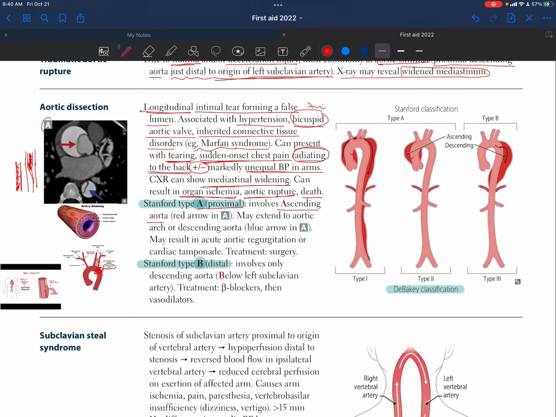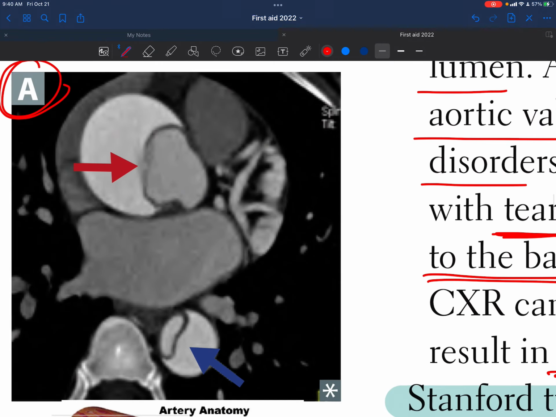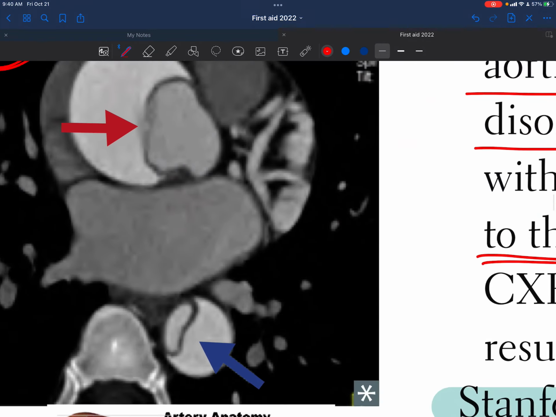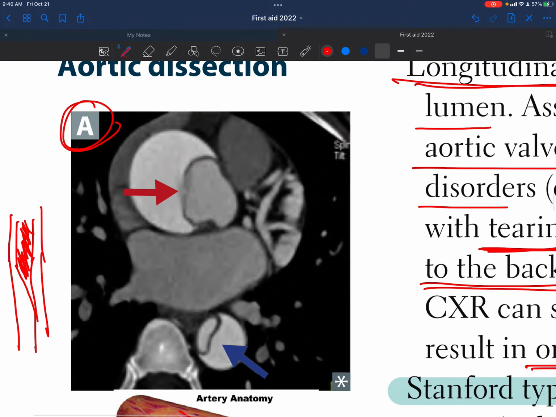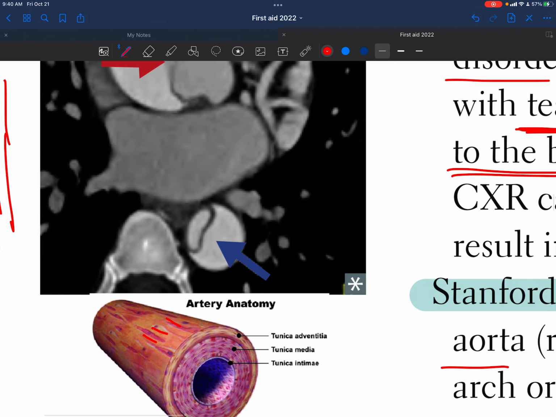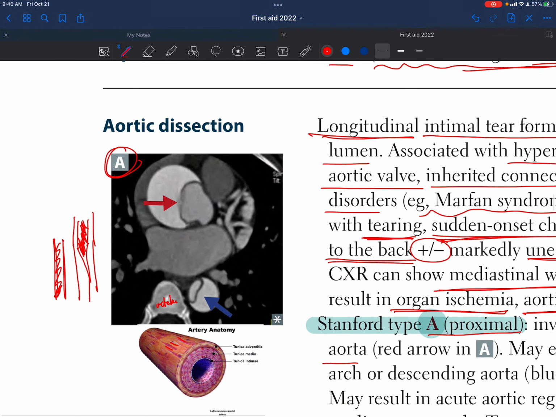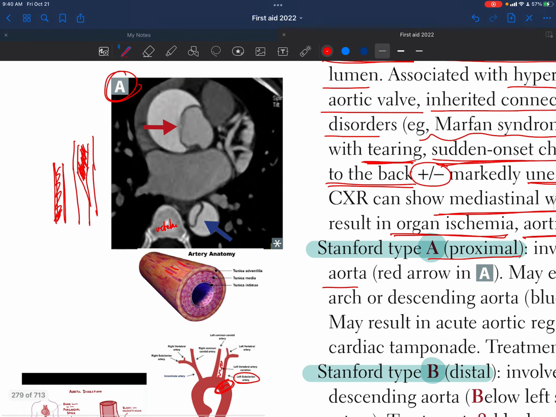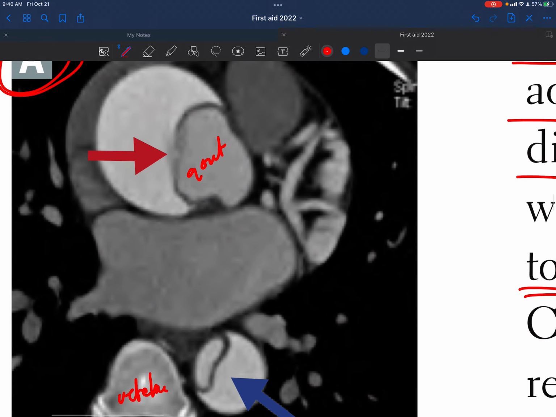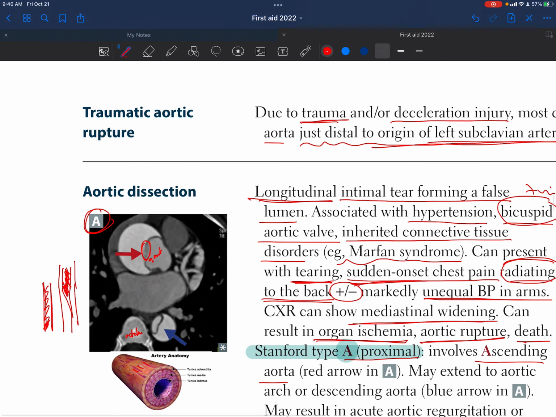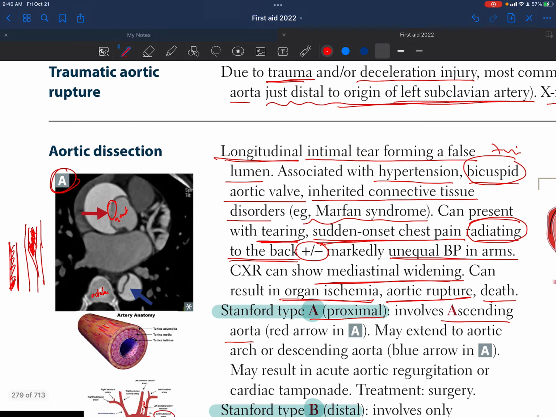So this is A. And if we think about it, this image is a cross section, because this is the vertebra, and this is the aorta, and this, as we can tell here, is the area where we are having the aortic dissection.